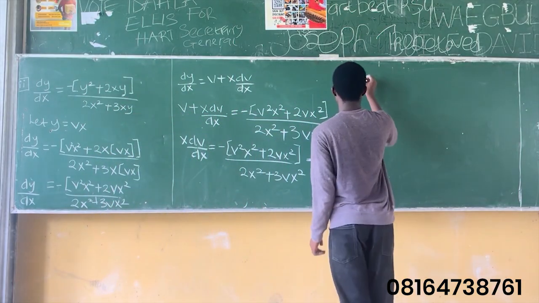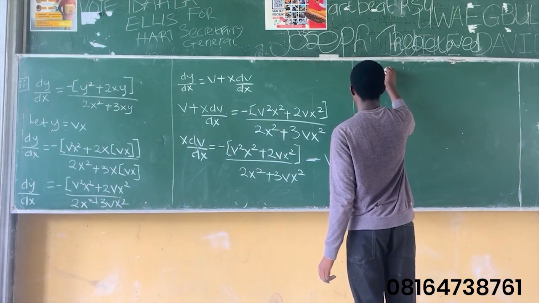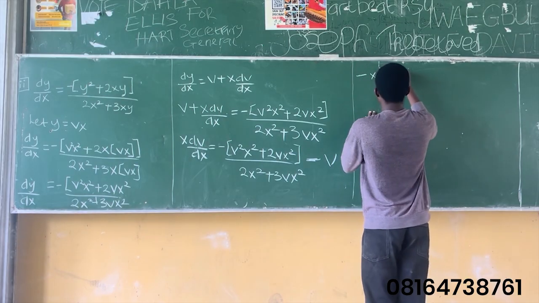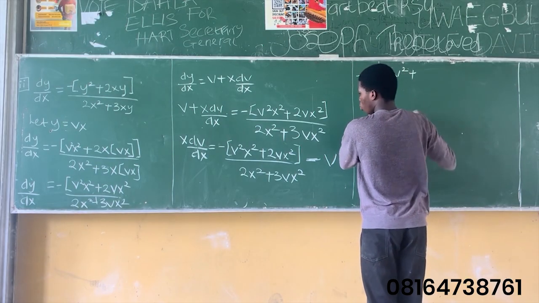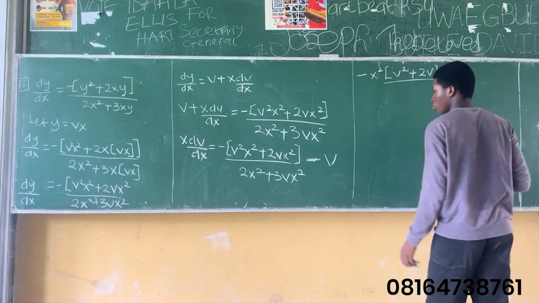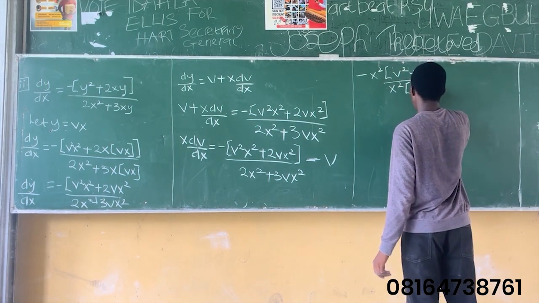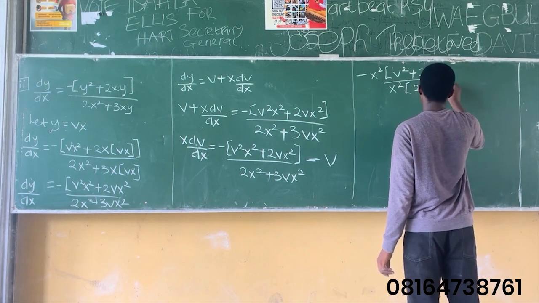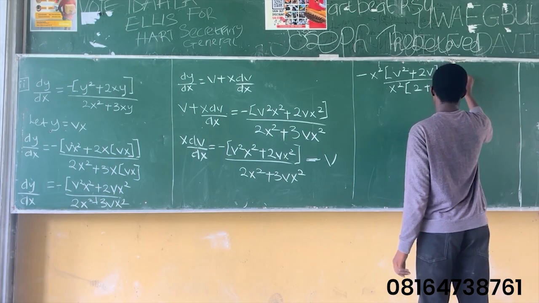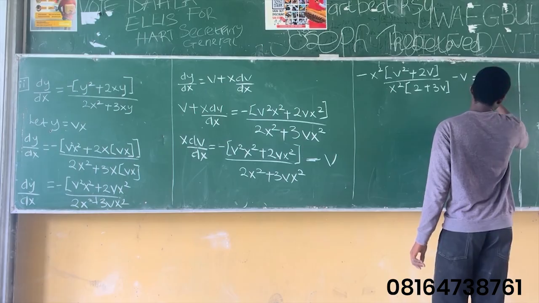So this is going to be minus, x square is going to come out, x square, v square plus 2v, over x square, 2 plus 3v, minus v, which is equal to x dv over dx.